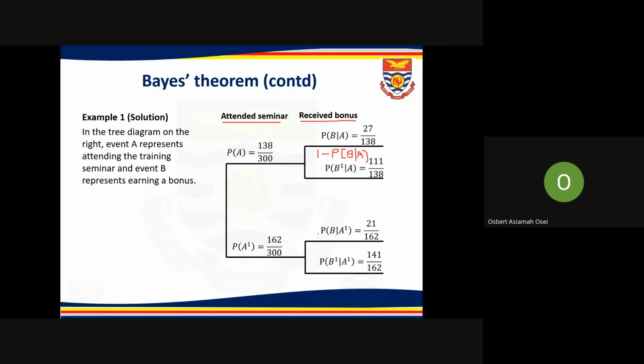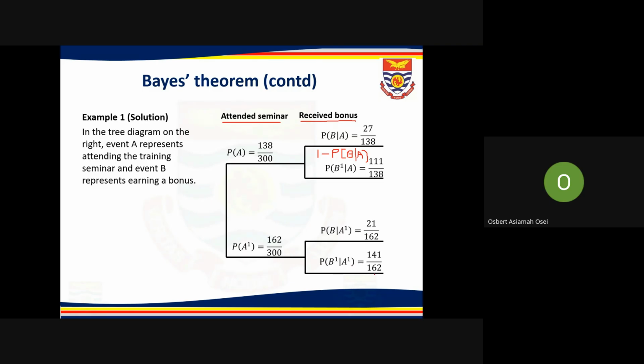So we can have the probability from the question. 48 people received the bonus, and the question says that 27 of them had attended the seminar. That means that 21 of them did not attend the seminar. So we have 21 of those who received the bonus not attending the seminar. That gives us 21 on 162.